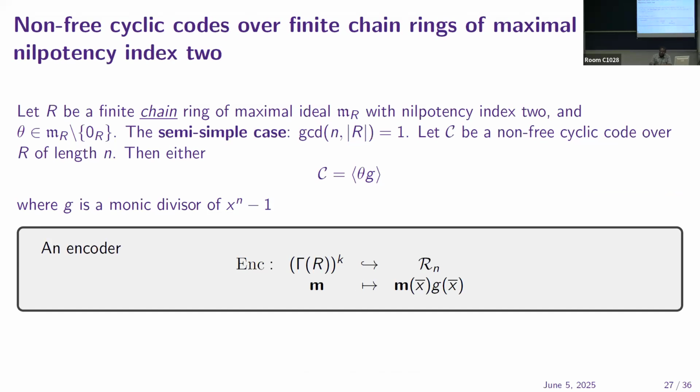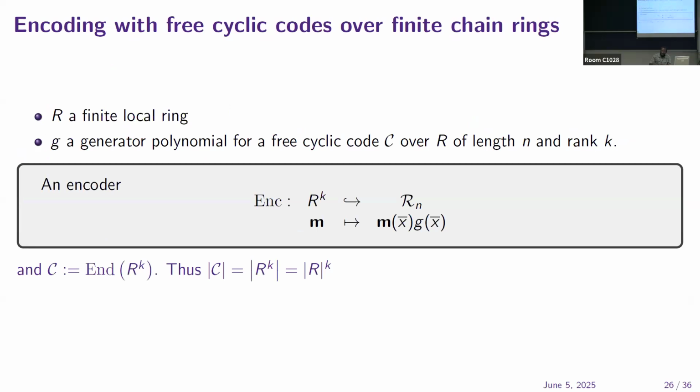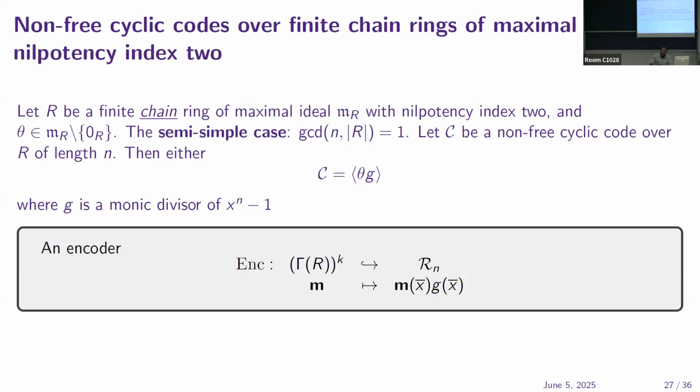The encoder, I forgot theta. The set of messages here, R is the chain ring, is R^k, here the Teichmüller set power k. I forgot theta.